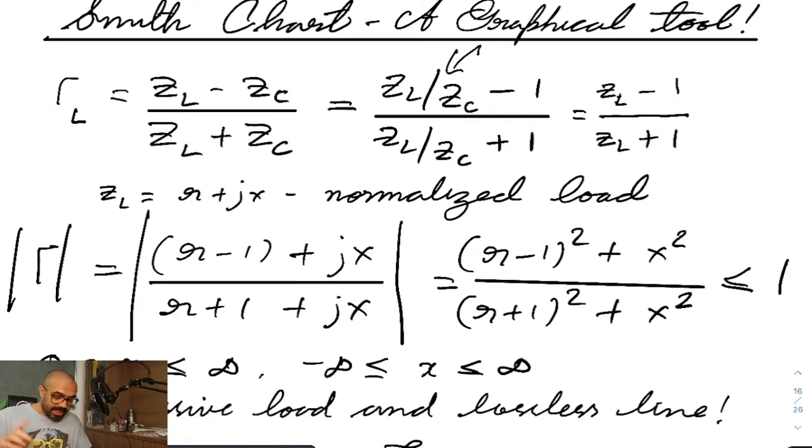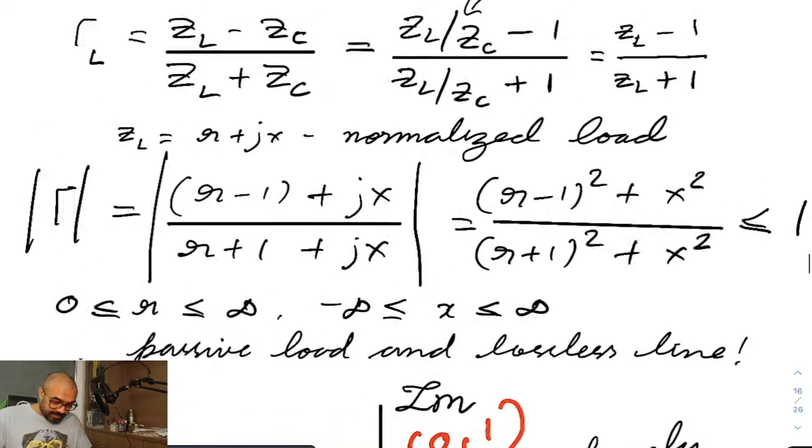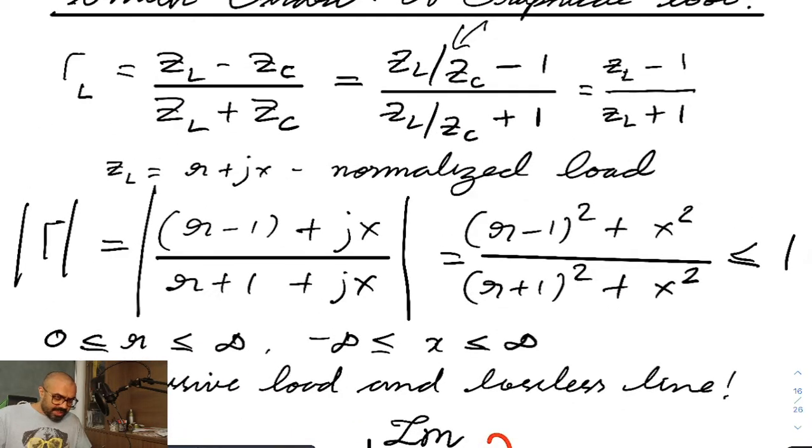So gamma at any point L is equal to normalized Z in at L minus 1 by normalized Z in at L plus 1. So we can say gamma is equal to small z minus 1 by small z plus 1, where z is now the normalized input impedance at any point on the line, and gamma is the reflection coefficient at that point.